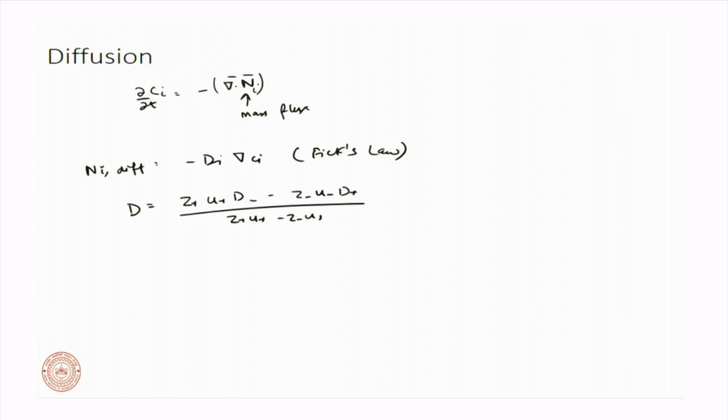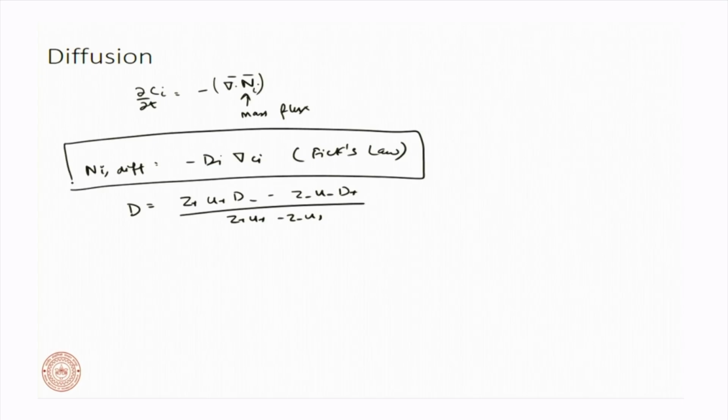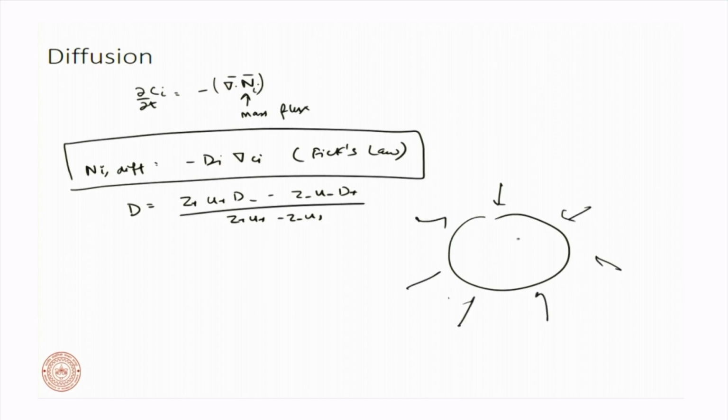For the most part, you will only be using this Fick's law equation, and the diffusivity will be an experimentally determined quantity for your system. So, this is diffusion. You have a species, say this is your electrode, your ions are coming from all the way around, and there is some diffusivity through it. You have a mass flux at the surface, and that mass flux and diffusivity can be related.